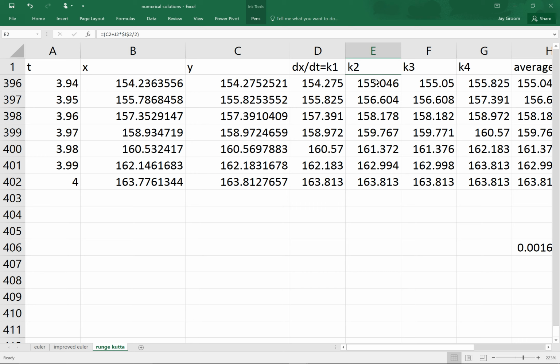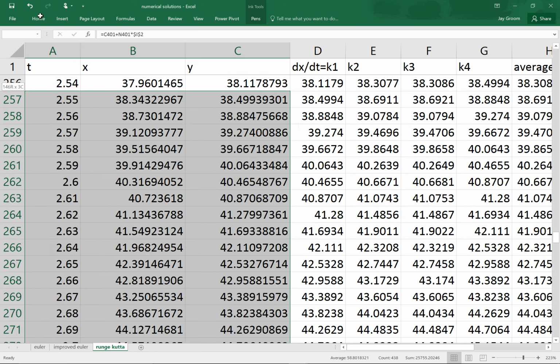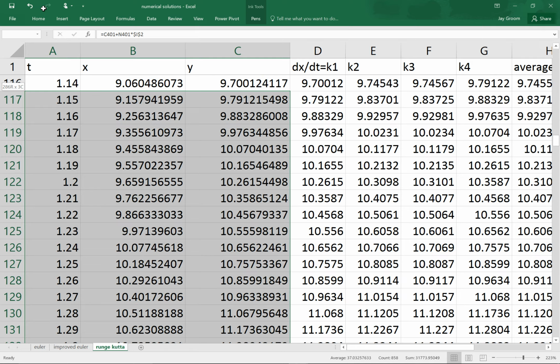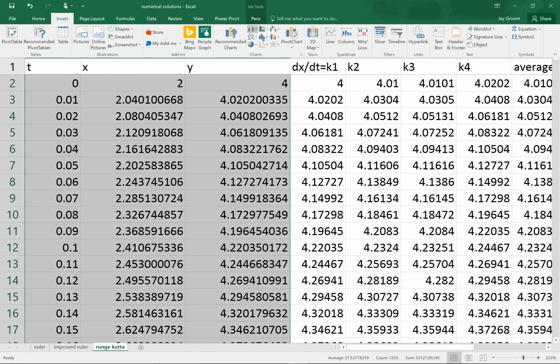So Runge-Kutta. This sheet for systems is not this one. I want to show you this though. This one, or one similar to it, is actually on the My Courses page under Course Materials, and I believe it's called Numerical Solutions or something akin to it. But check it out. If you grab those guys and go to Insert, Scatter Plot.